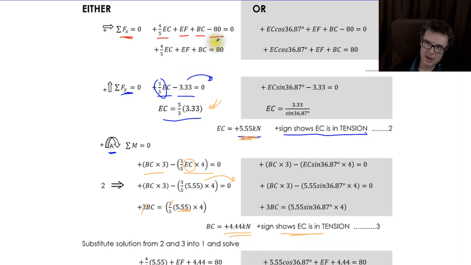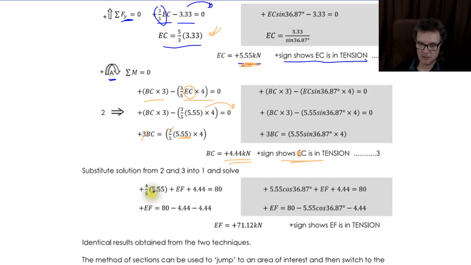So now we can come back to this very first equation and we can substitute in our EC value. Oh, there's a typo there, isn't there? That should be BC. BC is in tension. So we can substitute our EC value, and we can substitute our BC value.